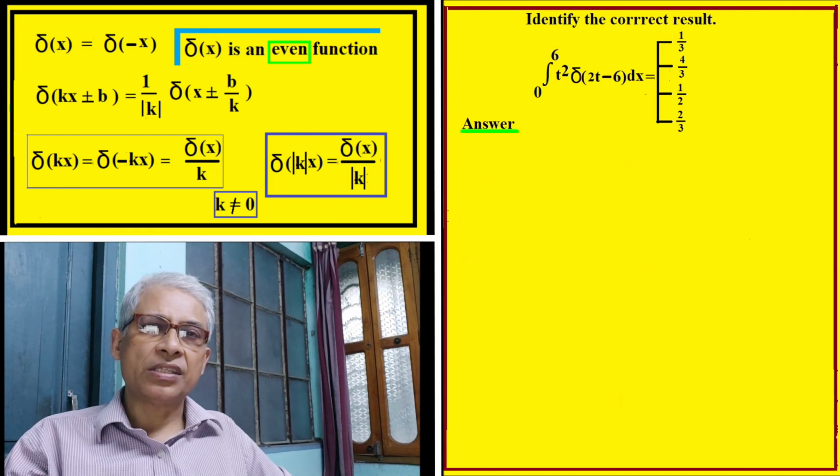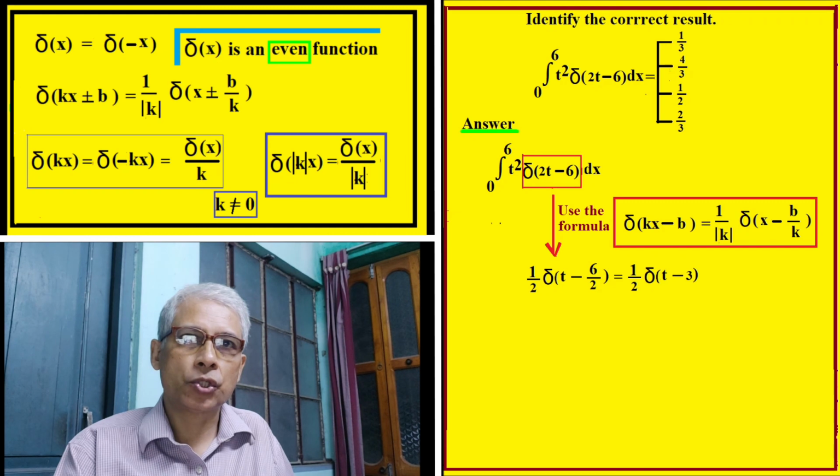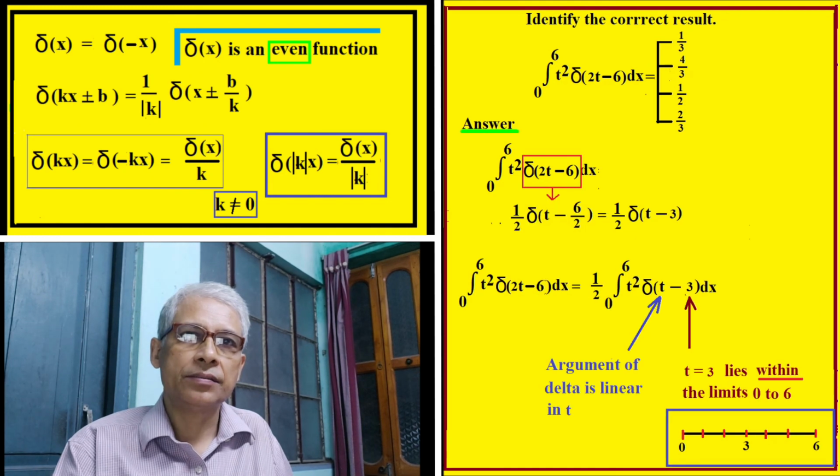We wish to address another similar type of problem, and here it is. Using the formula as shown in the red rectangle, we can make the argument of Dirac delta look more friendly. It is t minus 3 at the cost of a half outside.